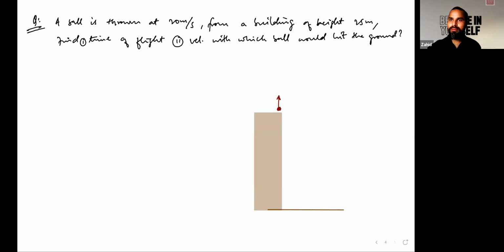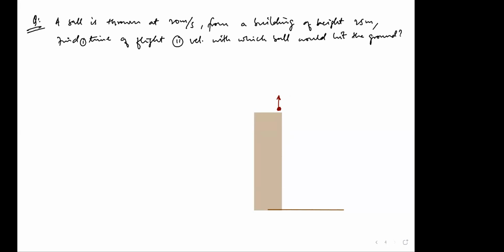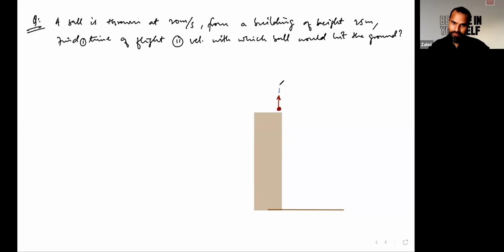So how would its motion be? Whether it continues in the upward direction only, or it will return back to the ground. It will return back to the ground after attaining some height. So it will move like this and return back to the ground at this point. The total time taken for its entire journey is called time of flight.